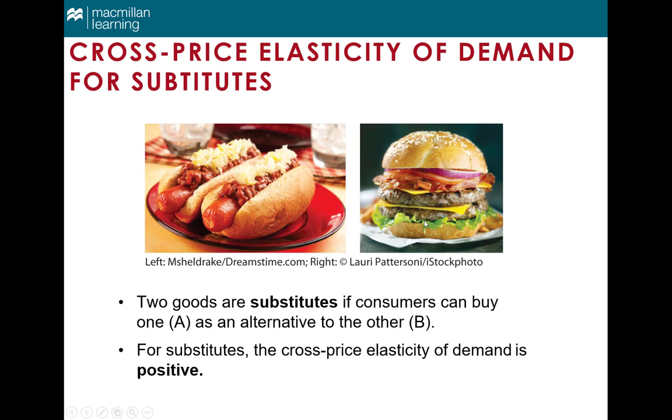Specifically, we say that these goods are substitutes, in the sense that hot dog is an alternative to hamburger, and hamburger is an alternative to hot dog. So whenever there is an increase in the price of a hot dog, people will switch to hamburger. So the price of a hot dog moves in the same direction as the quantity demanded for hamburger. So the cross price elasticity of demand is positive for substitutes, but it's not always the case.